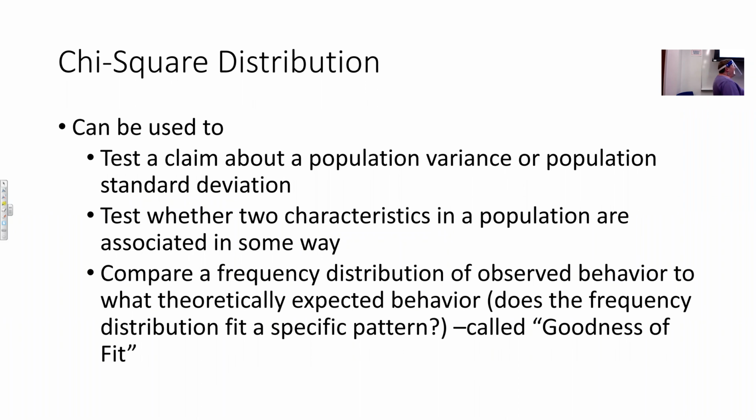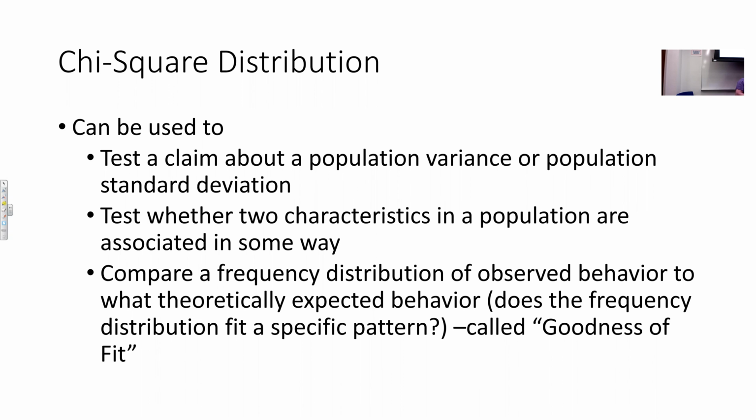The chi-square distribution actually has 3 different uses within statistics. And if you opt to take the next course, Math 2401, which is intermediate statistics, you'll actually get to talk about the other 2 ways to use chi-square.